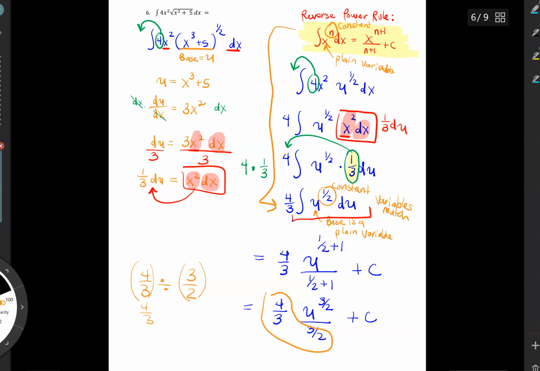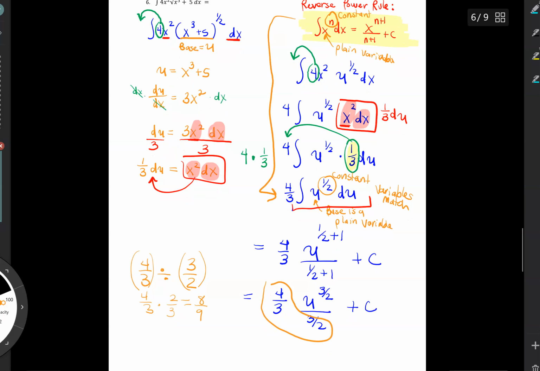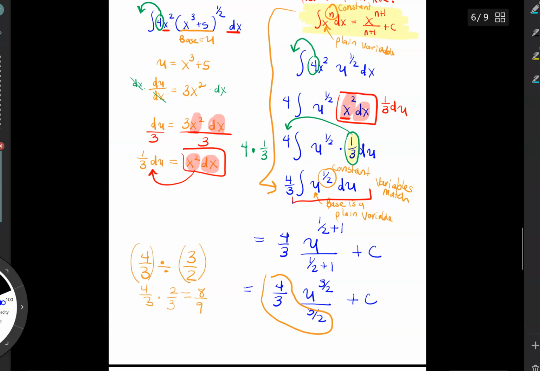Or if you know how to do it by hand, I multiply by the reciprocal. Ooh, 8/9. Okay, well, that's ugly. But it's better than 2 fractions, right? 1 fraction is better than 2 fractions. So here we go. So that would be 8/9 u to the 3/2 plus c.